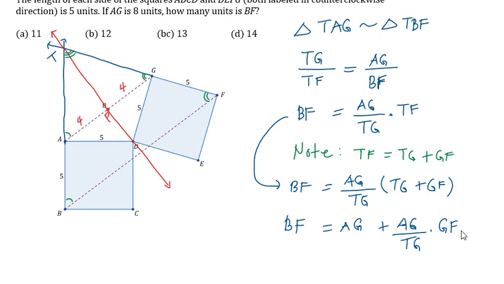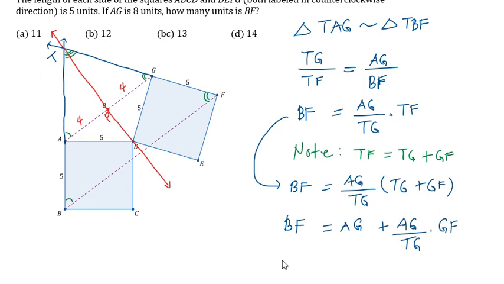Take note that some of the values for these sides are given. AG is equal to 8 and GF is equal to 5. But TG is unknown. So let's replace AG with 8 and GF with 5.